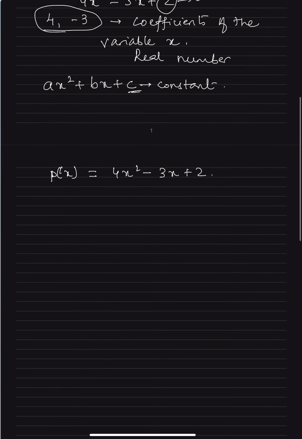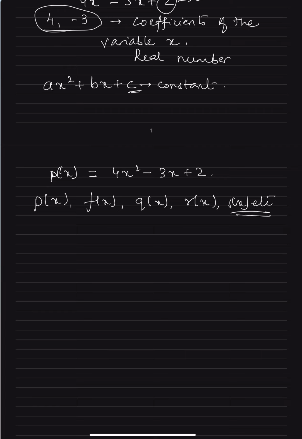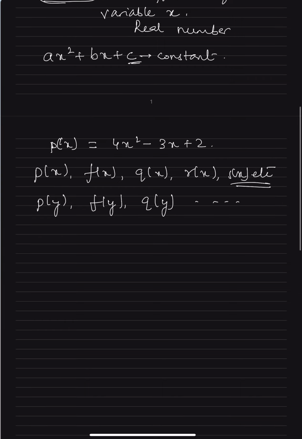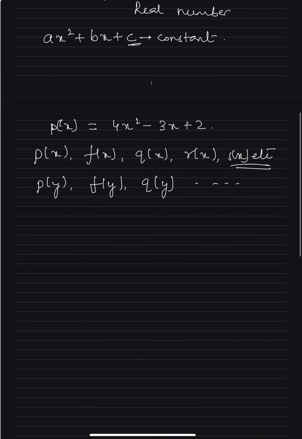Similarly, all the functions which we can use are p of x, f of x, q of x, r of x, s of x, etc. If the variable is y, you can write p of y, f of y, q of y, and so on. If the variable is z, you can write the same.